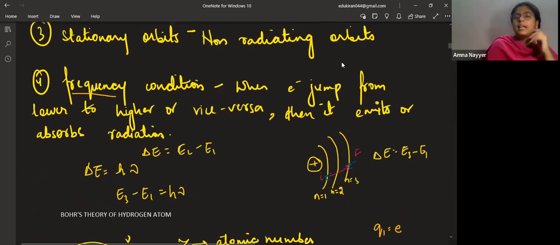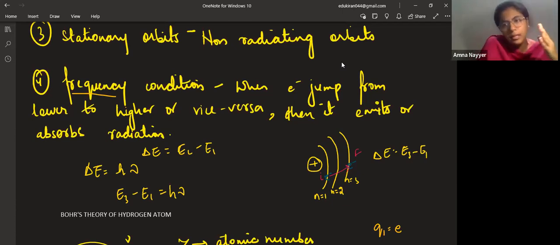Then comes the frequency condition. Frequency condition is nothing new. E is equal to h nu. Yesterday only we had seen, same thing. When we say that electrons are jumping, electrons are moving from one particular orbit to another particular orbit.